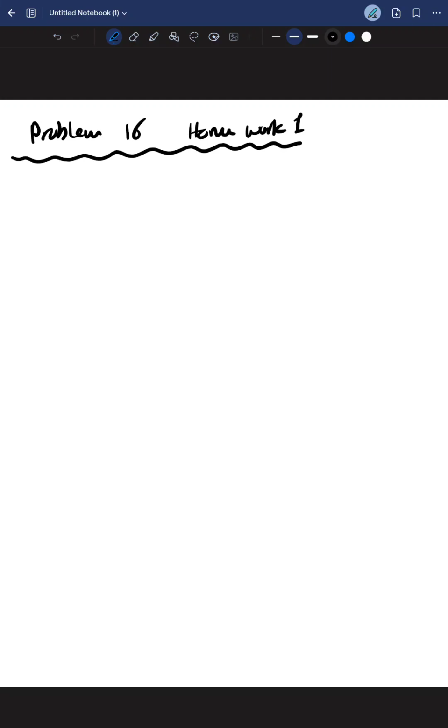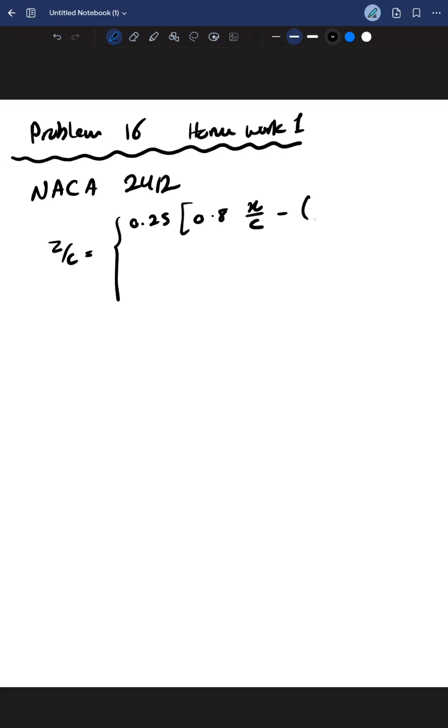Okay. It is telling us that NACA 2412 has a mean camber line given by this formula: 0.25 (0.8 x over c minus x over c squared), for x over c between 0 and 0.4.